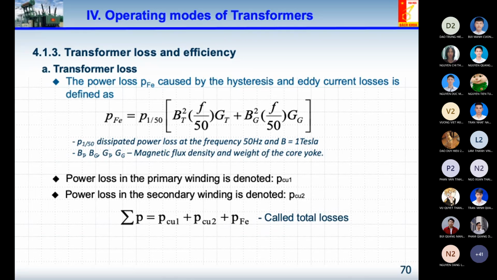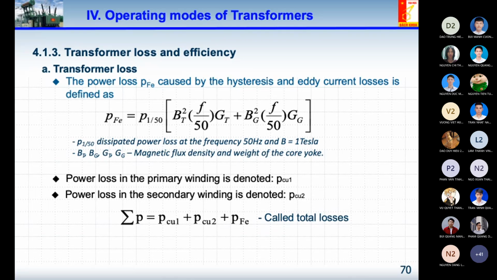For that we get some trouble like errors and inaccuracy. But in our lecture, we accept applying this equation to compute the power loss of the transformer.